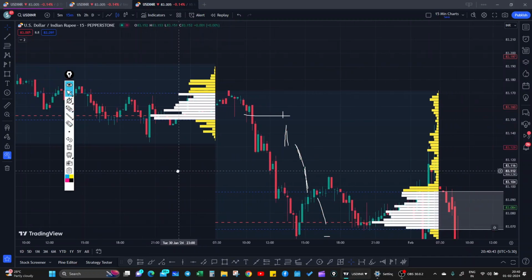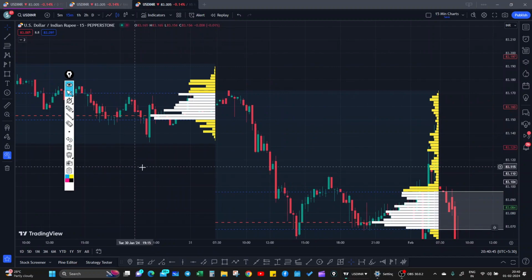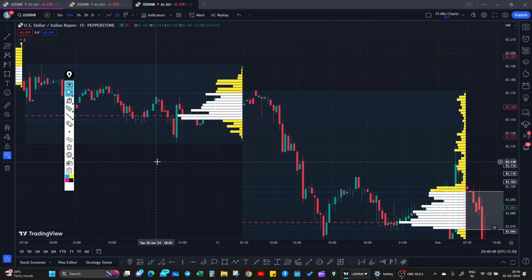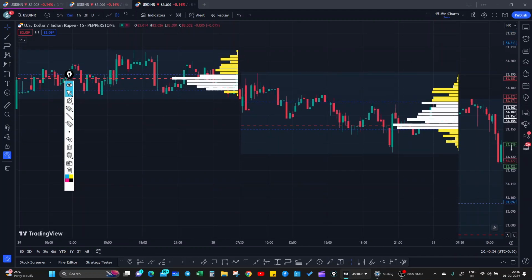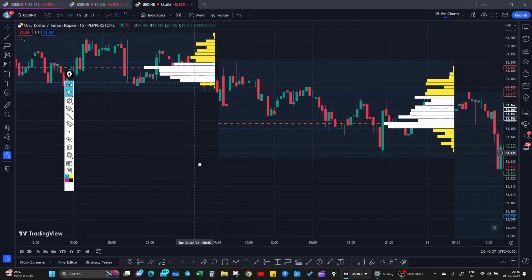Usually it happens with 4 moves or 3 moves. It depends on your size, the positions, how you take. So this is a very good indicator which we can see.